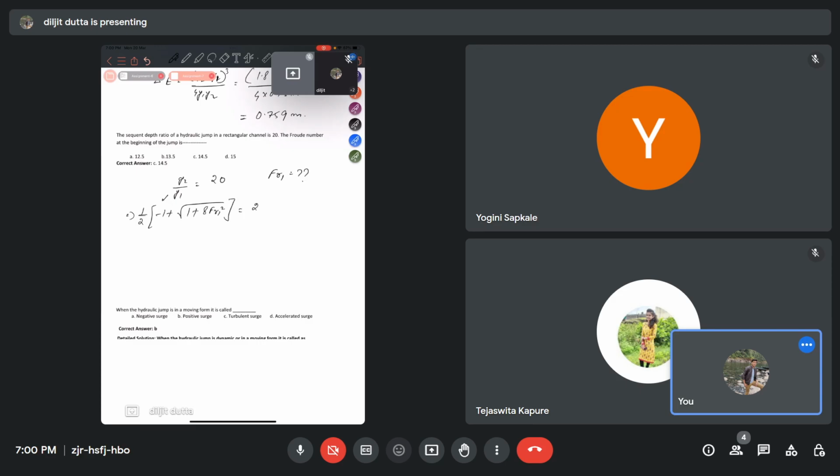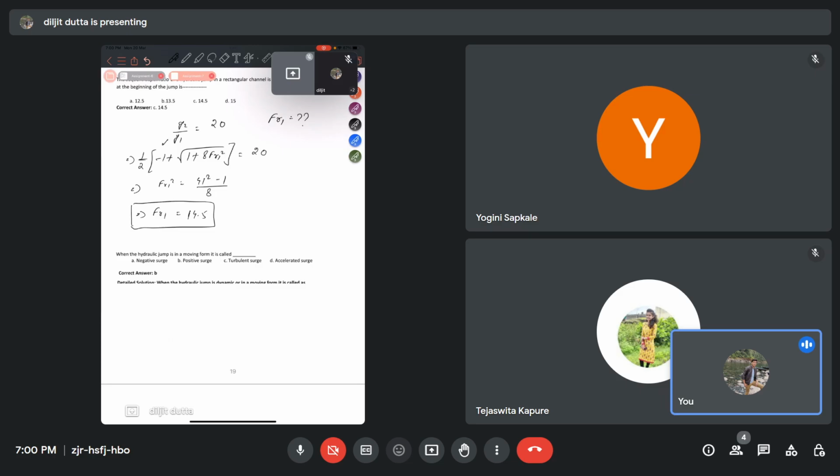This will give 20, so now we have to solve it. So it is 2 into 20, 40, plus 1, 41. If we solve, FR1 will come approximately 14.5. These are very simple questions.